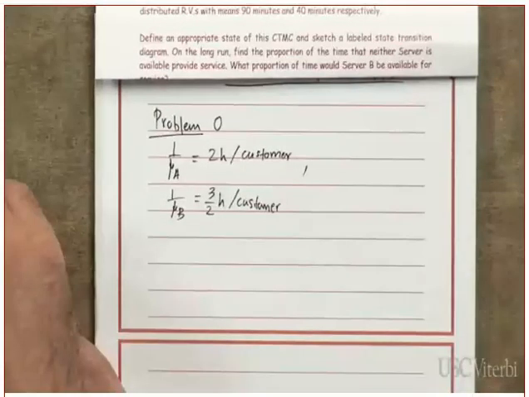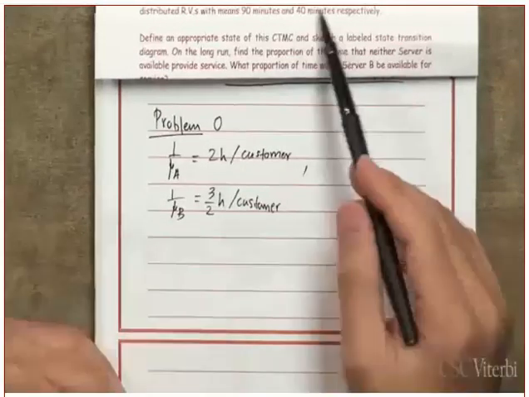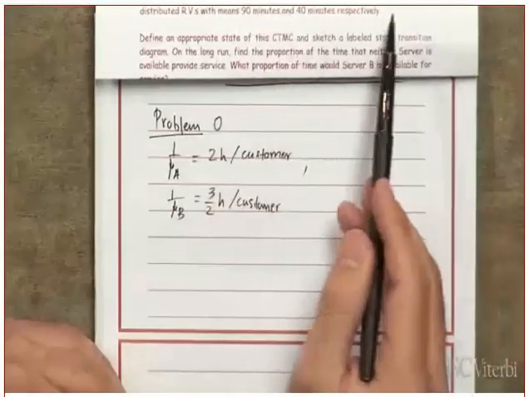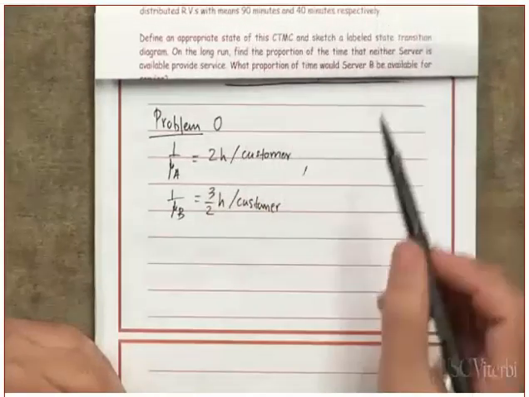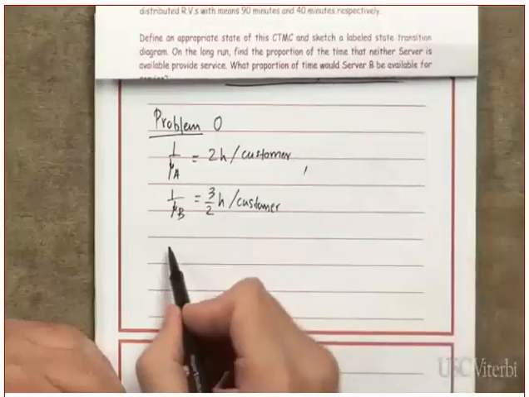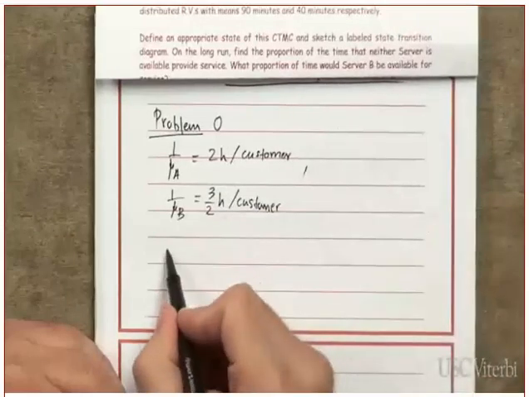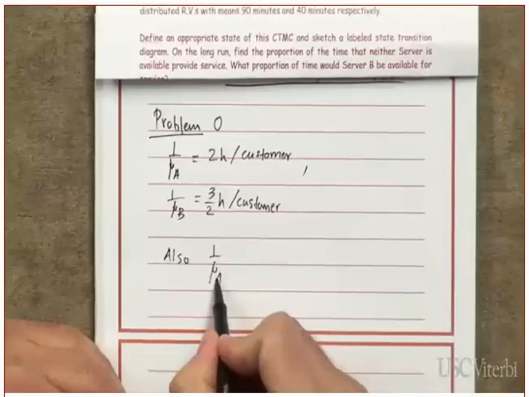And 1 over mu B prime equals 2 over customer. No, it's not per customer, I'm sorry guys. It's just waiting time.